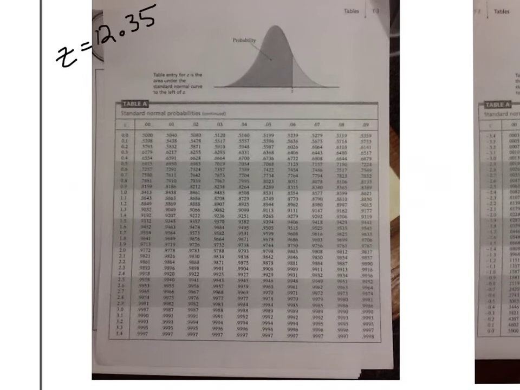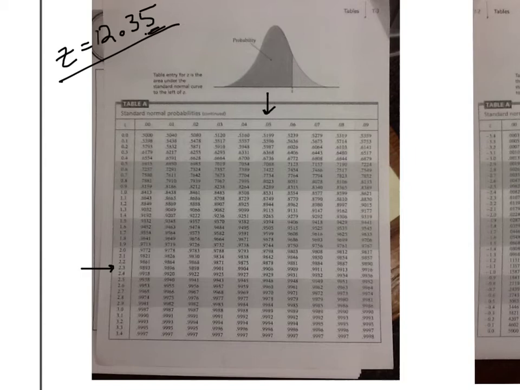Okay, so we've got a z-score value of 2.35. So I'm going to take the first two digits, the 2.3. That tells me I'm going to go down the left column. I'm going to come to the 2.3. Okay. The last digit is the hundredths digit, which is 0.05, which tells me I'm going to come to this column.